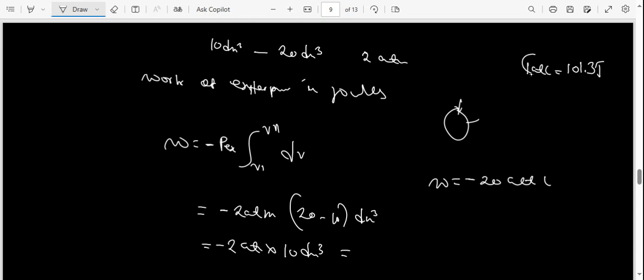So I'll replace wherever there's atm liter with that value. I'll say negative 20 times 101.3 joules, like that. Then I'll be able to multiply and get my work there. So that is it about this.